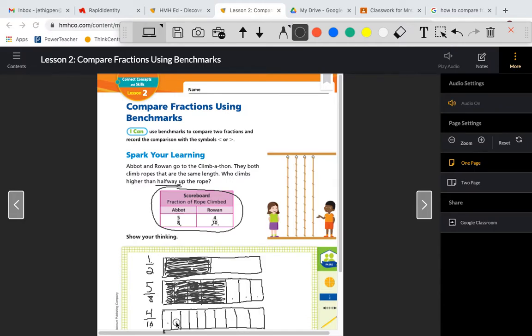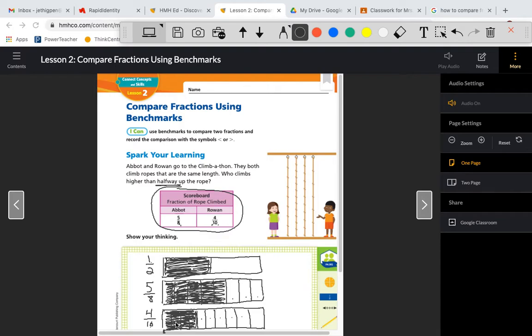Let's count. 1, 2, 3, 4, 5, 6, 7, 8, 9, 10. Okay, then we're going to shade in 4. And just try to be as equal as you can. We all make mistakes. Miss Jennifer does included. So just try the best that you can to make it as equal as possible.